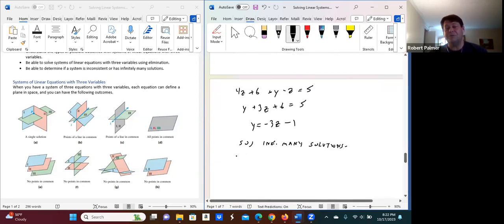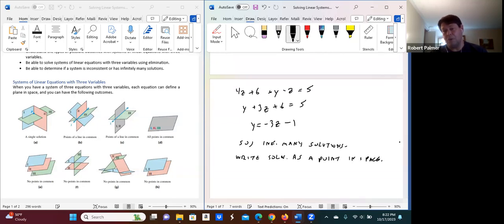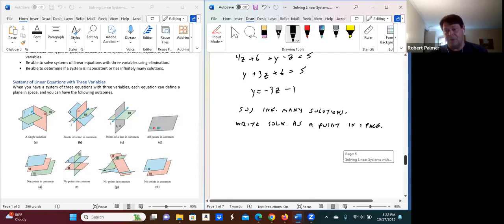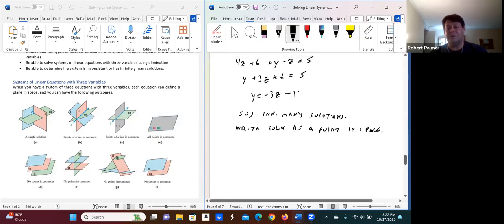And here's how we're going to write our solutions. We're going to write the solution as a point in space. A point is a coordinate group, as an x, y, z.